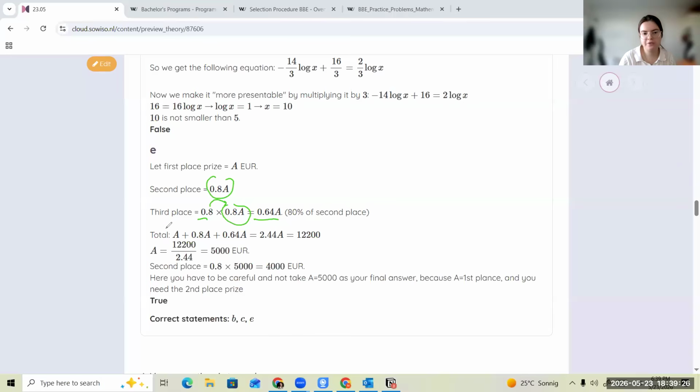So the prize of the first place, second place, and third place in terms of A, we solve for A, we get A is 5,000, but this is the prize of the first place. To get the second place, you multiply the 5,000 by 0.8 to get 4,000, and that's correct. Here, a common mistake would be just to see 5,000 and say it's false, but you actually have to do one more calculation and multiply 5,000 by 0.8.